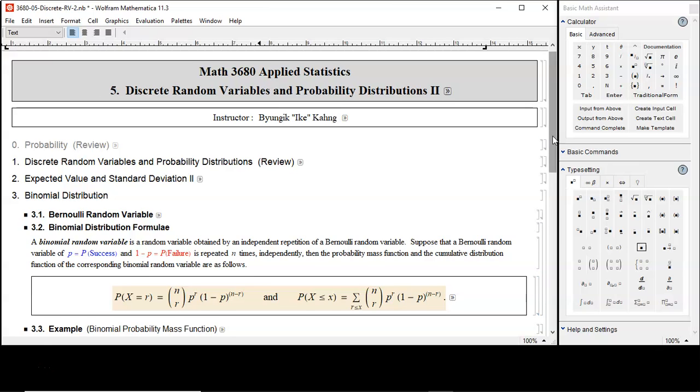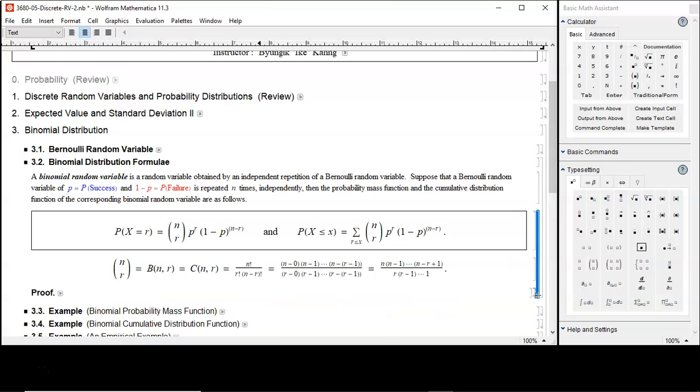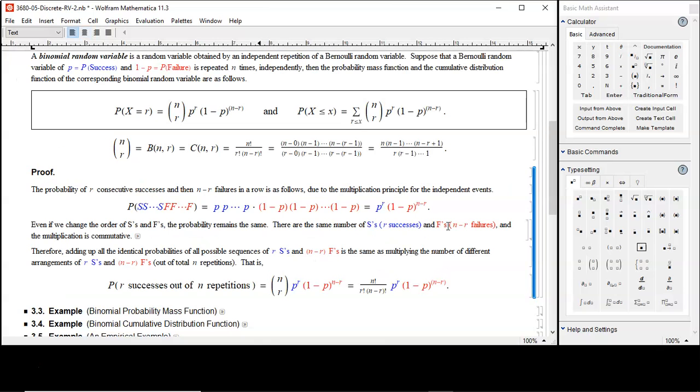Now, if you're not interested in the proof, then you can fast forward a little bit. Otherwise, stay here and let's go through a sketch of the proof. So how do we prove that? Let's consider this kind of situation. r consecutive successes, and then n minus r failures in a row.